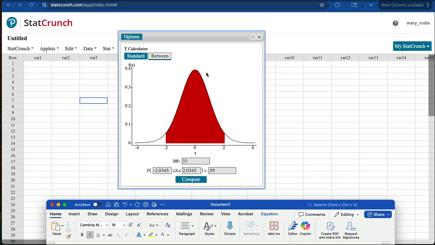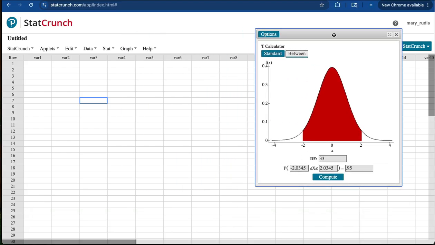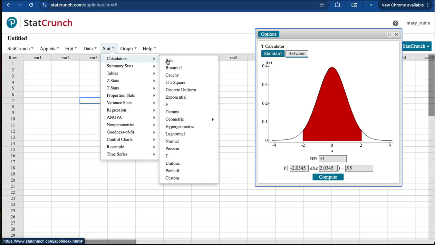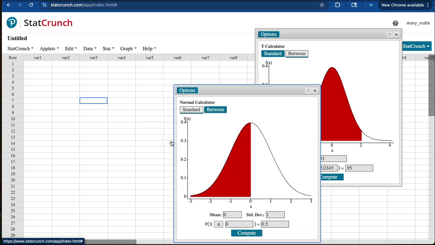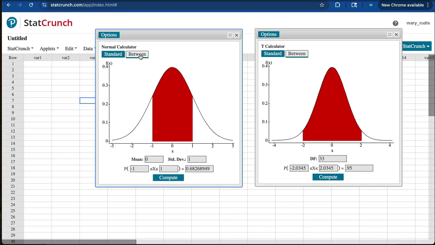Okay. So I'm going to leave that window up here. And then let's also bring up our calculator Z, which is normal. So you're not going to see a letter Z here. You're just going to see normal. And again, we want in between. And now you might think, oh, I don't know the mean and the standard deviation.